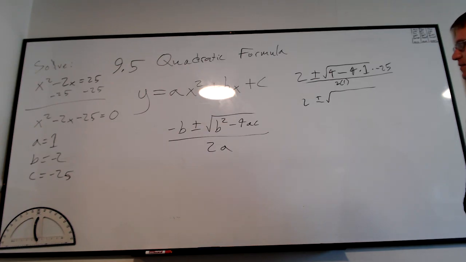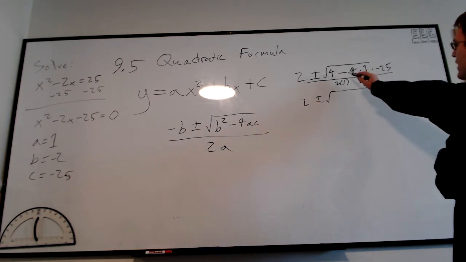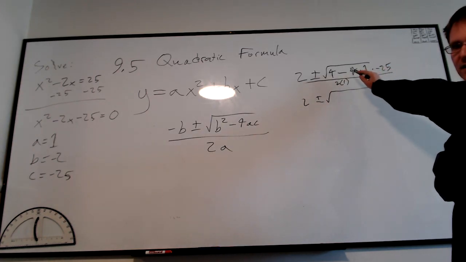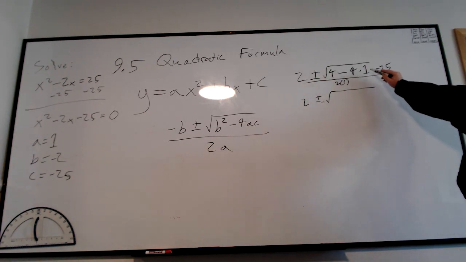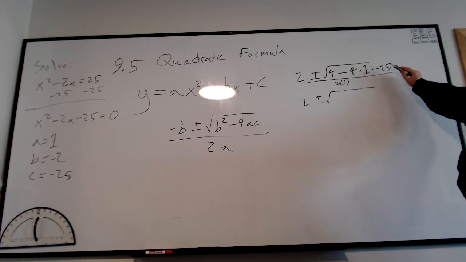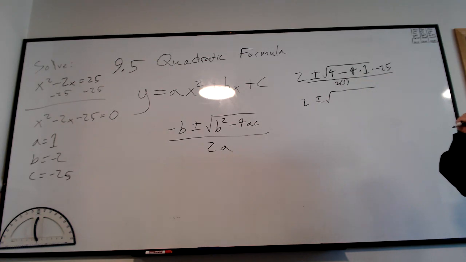4 times negative 25 is negative 100. Well, actually, there's only 2 negatives, so it would be positive, right? So we've got negative 4 times 1 is negative 4. Negative 4 times negative 25 is going to be positive 100, right? Oh, okay, yeah.